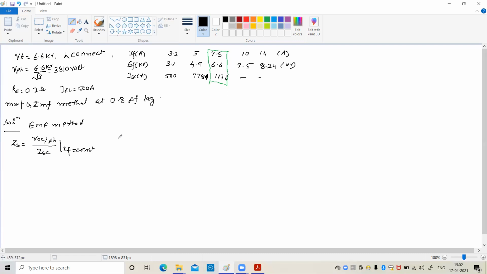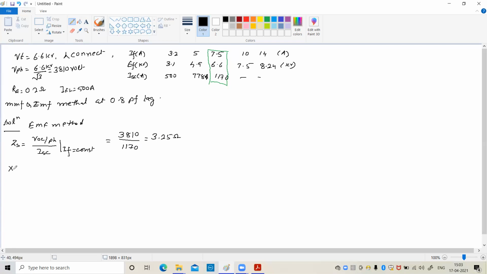Constant means at the same value of the field current. So here 7.5 is the field current, 6.6 kV is the rated voltage, and the per phase voltage we have already calculated, it is 3810 volt, divided by short circuit current 1170, equals an impedance value of 3.25.